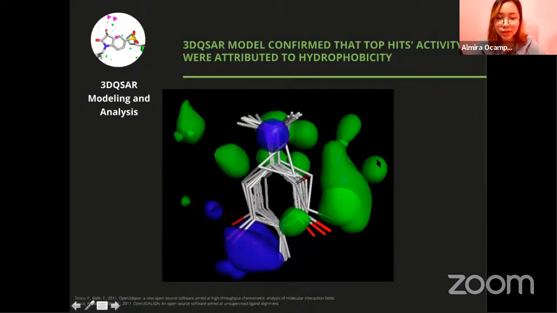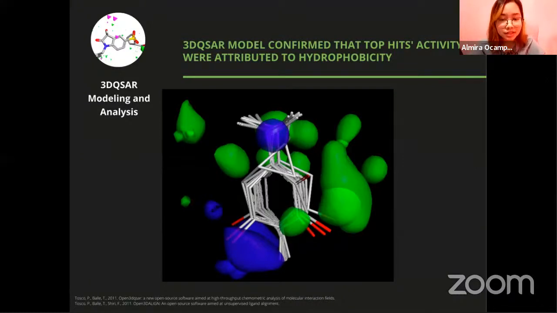Now, in 3D QSAR modeling and analysis, our findings from molecular or ensemble docking were confirmed. Now, how? So, 3D QSAR stands for three-dimensional quantitative structure activity relationships. So, it is where we relate the structure of our monoterpenes to their binding with the receptor and see their correlations or similarities with each other.